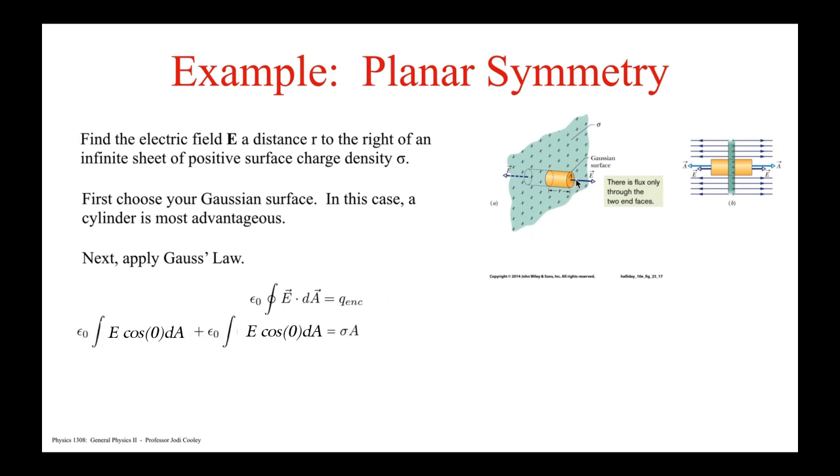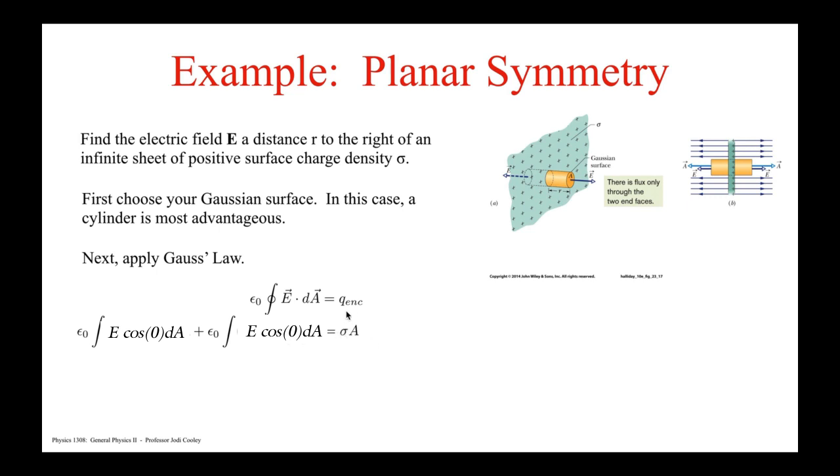In this case, we actually have two surfaces that we need to take care of, because in a cylinder, you only have field lines that are normal to the end caps of the cylinder. So in this case, you have epsilon naught, the integral of E cosine 0 dA, plus epsilon naught times the integral of E cosine 0 dA.